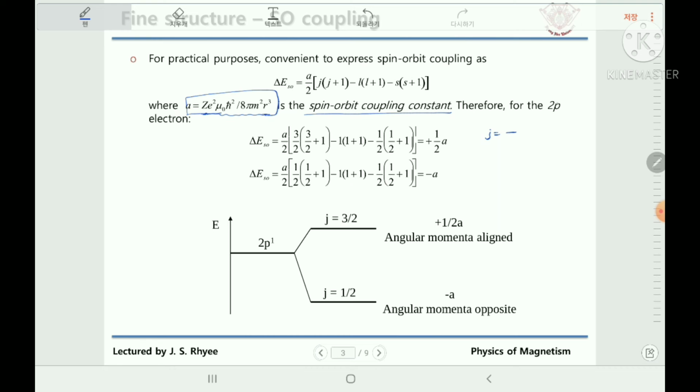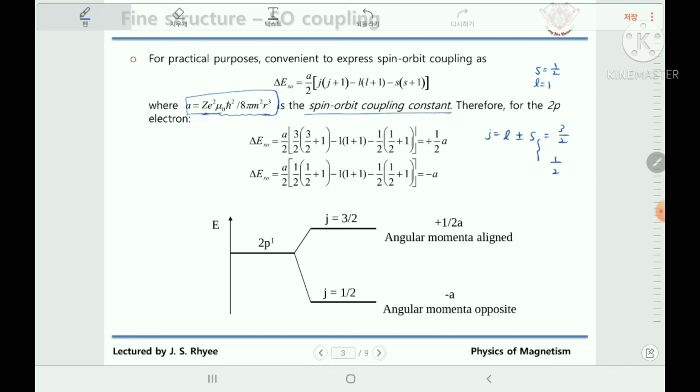For example, in 2p electrons, p means L equal to 1. In that case, J is L plus or minus S. Here, for one electron, S is 1/2. Therefore, in the parallel case it is 3/2, and in the antiparallel case it is 1/2.